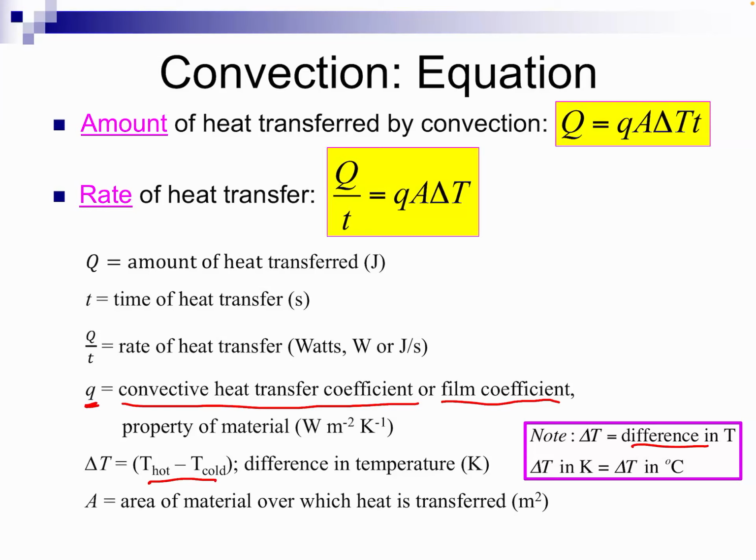Okay. And similarly for the rate, if you want to find the rate, it's again the amount of heat transferred divided by time. Whenever we say rate, it's divided by time. So it's the same equation, except that the variable small t, time, goes into the denominator of Q. But still, h times A times delta T is the same h, A, and delta T as in the amount of heat transferred.